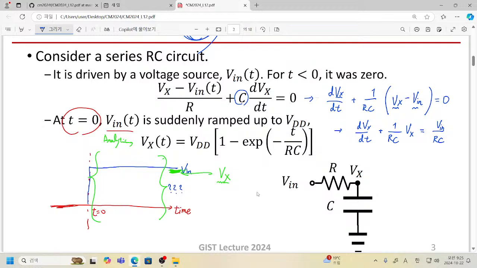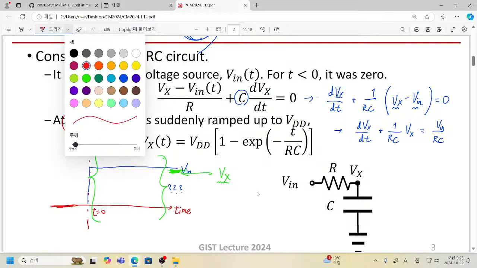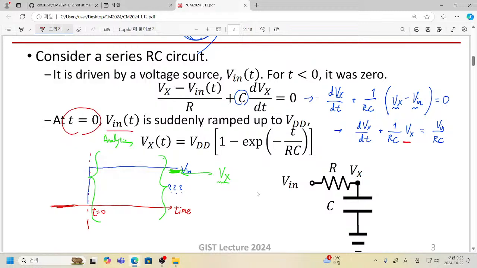Multiplying a certain number to our unknown variable is really easy to implement. If this is your unknown variable, what you have to do is just multiply by a number, R and C. They are all known quantities, so it is not that difficult.